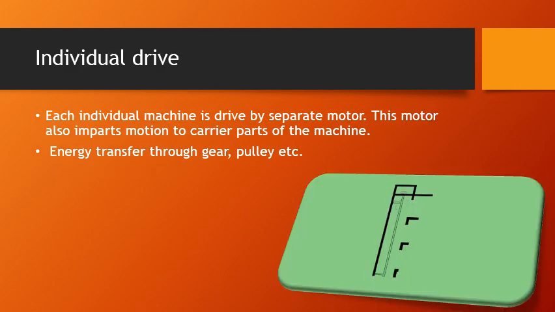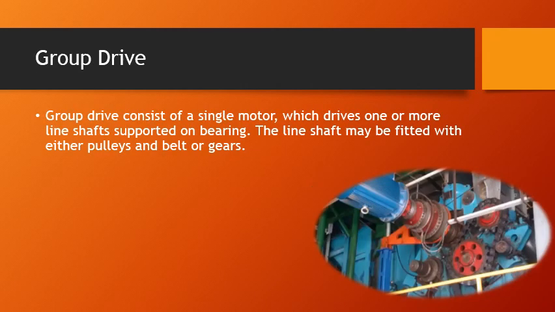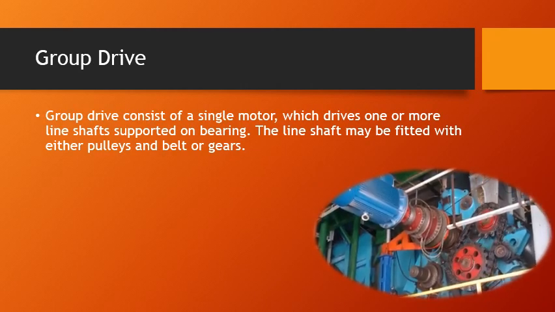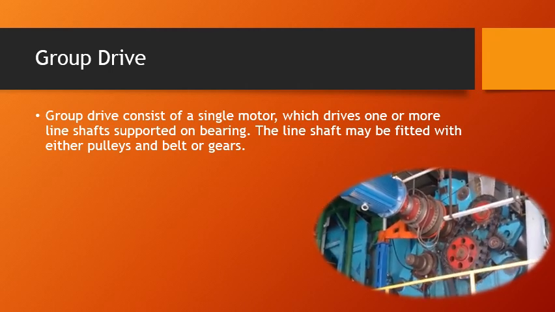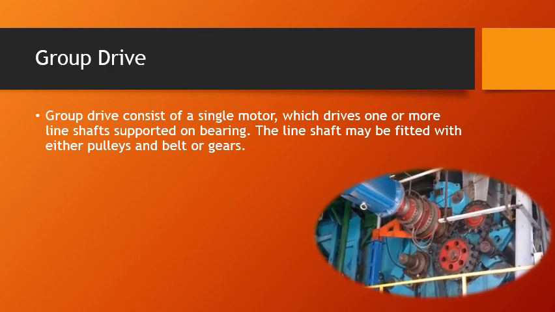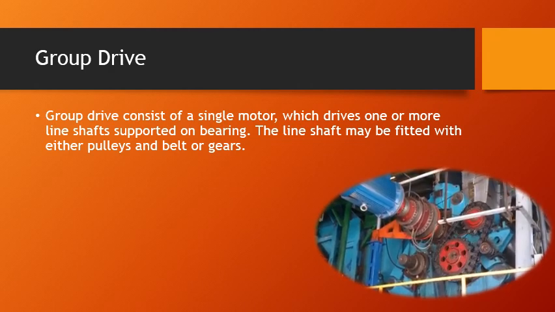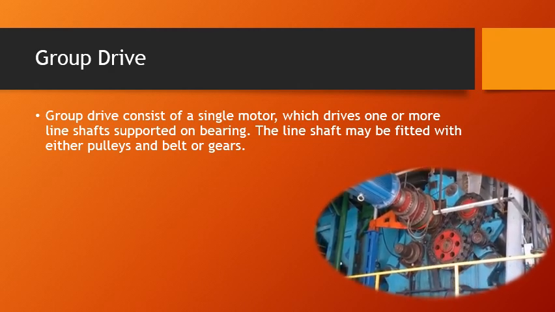Gears are connected with that, and the power is transferred to the gears, and you can see what operations are carried out. This video was recorded in a sugar mill.